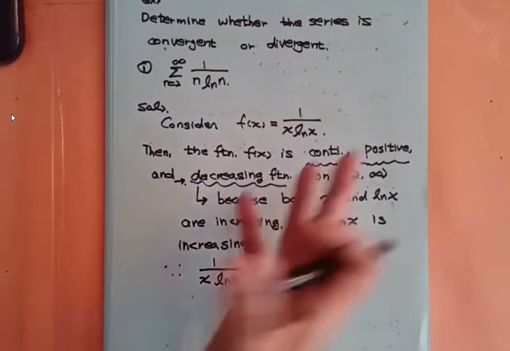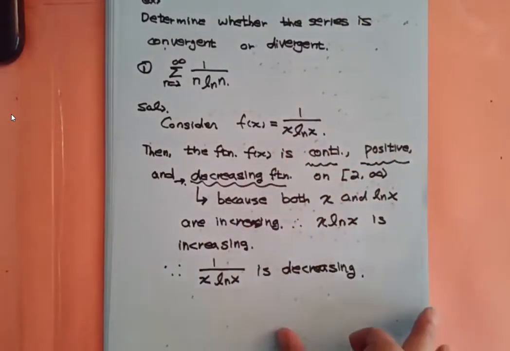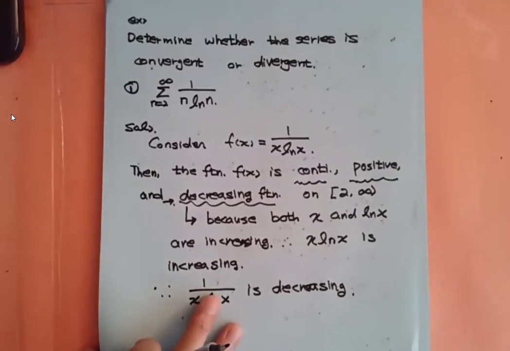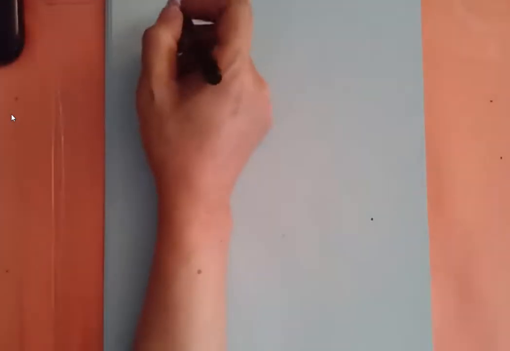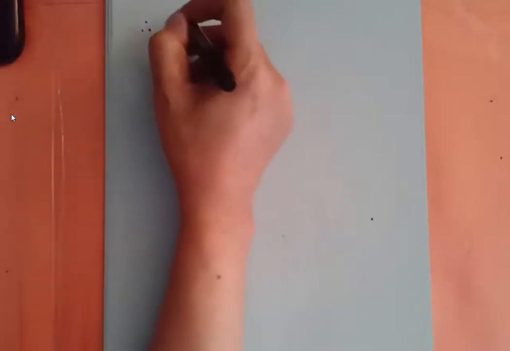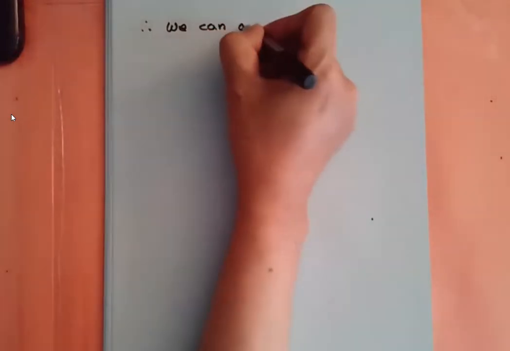In this case, these are pretty simple, and so we can just explain. But in other problems, you might have to do differentiation to demonstrate that condition. So what we verified was that we can apply the integral test.